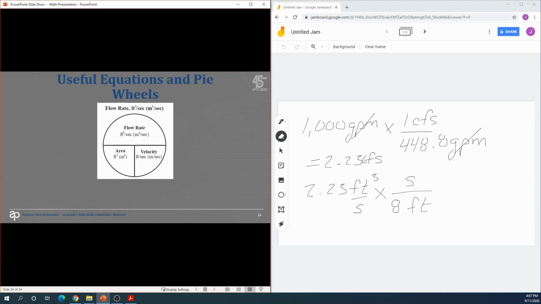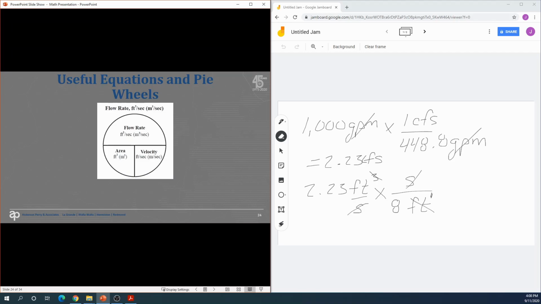I have 8 feet per second on the bottom, so the second has to go on top. The seconds are going to cancel seconds. Feet cubed, again, we're going to subtract exponents. So feet cubed minus feet to the 1 is going to be feet squared.